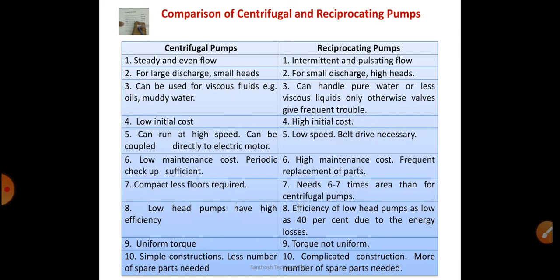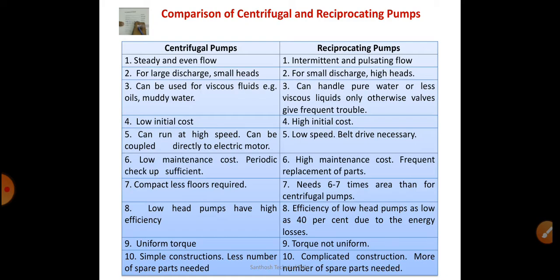That is why we use an air vessel or pressure vessel in order to make the stream uniform. So in the centrifugal pump, there is no need of any pressure vessel or air vessel.